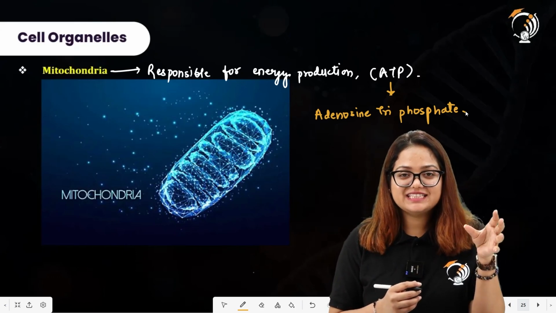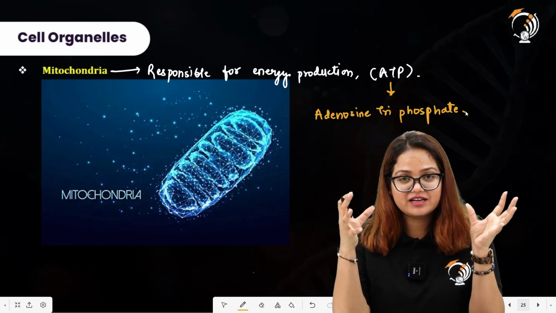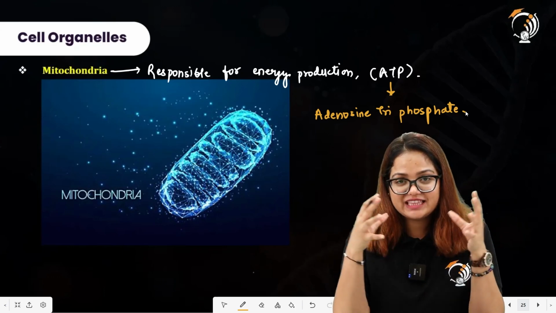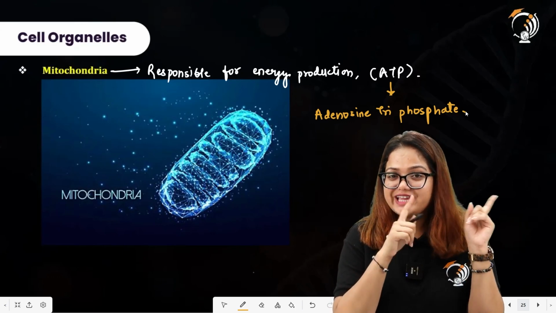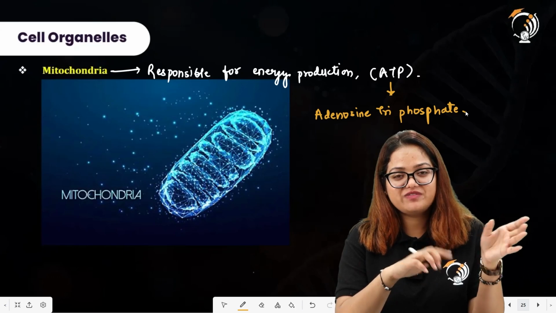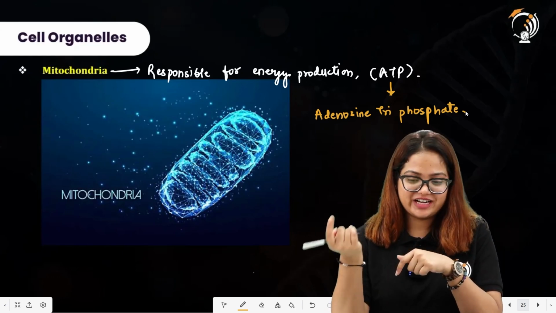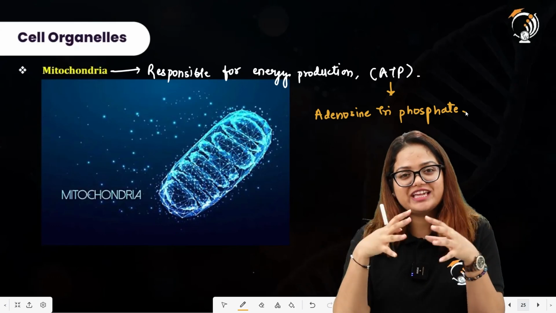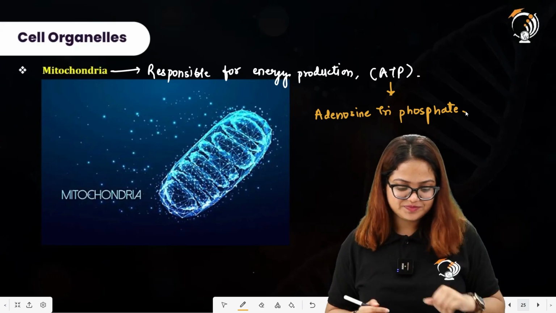Adding the inorganic phosphate to ADP requires a lot of energy, and this energy is then stored in the bonds of ATP. So from ADP we have made ATP, storing the energy in the chemical bonds of this ATP molecule.